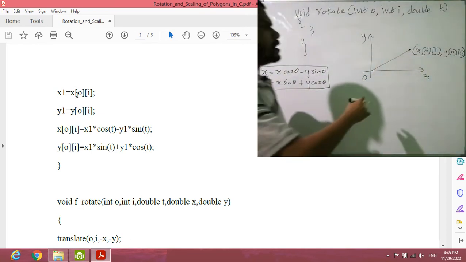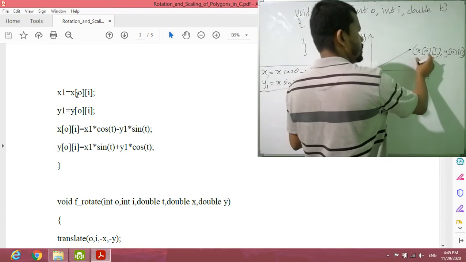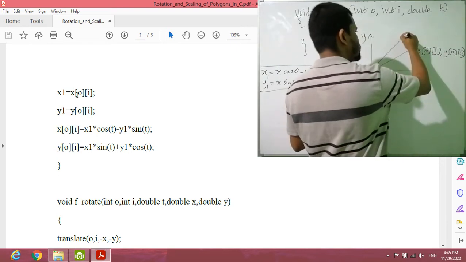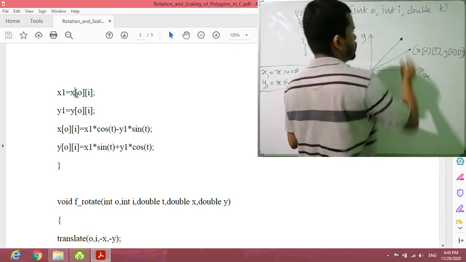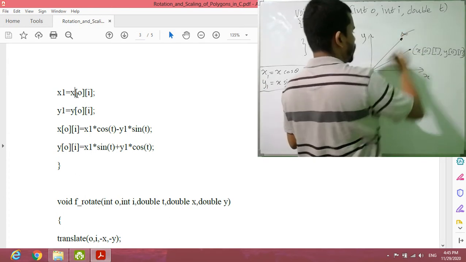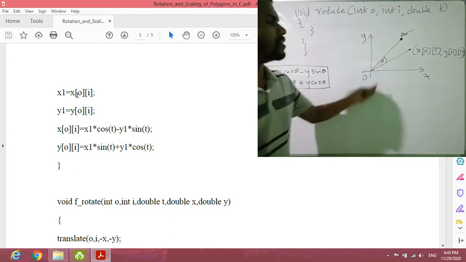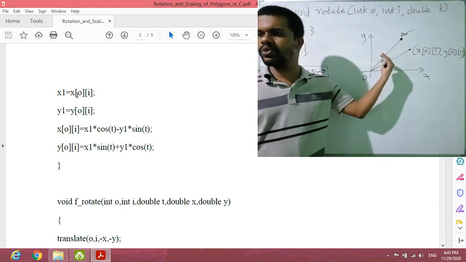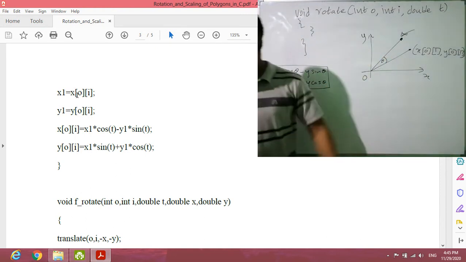So now you want to assign to these two arrays the coordinates of this particular point after rotating it in anti-clockwise order by an angle of theta.